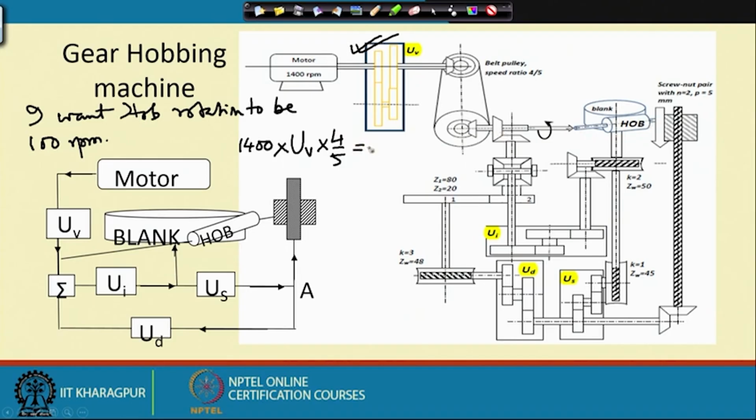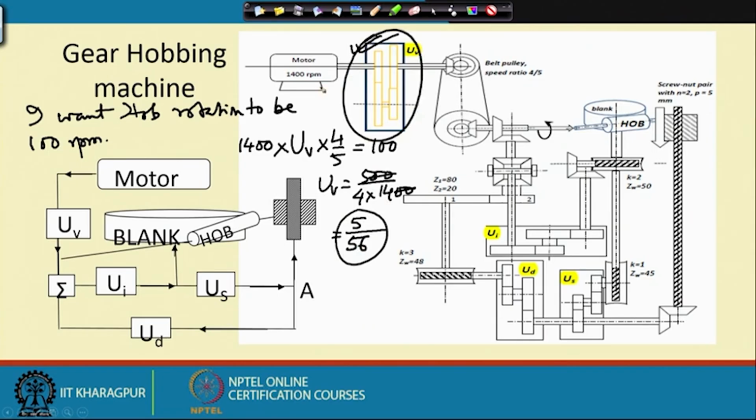Hob, that is it, 100. So, UV will come out to be 500 divided by 4 into 1400. Let us cut this out and we get UV is equal to 5 divided by 4 into 14, so that means 5/56. This should be the ratio of UV.